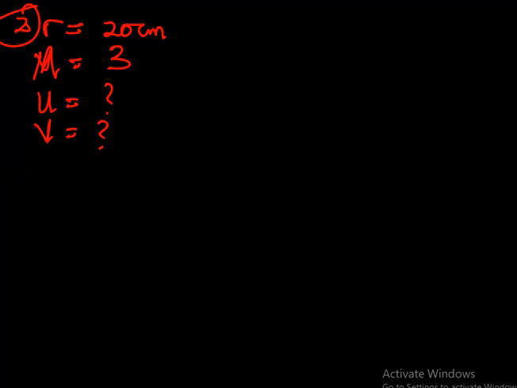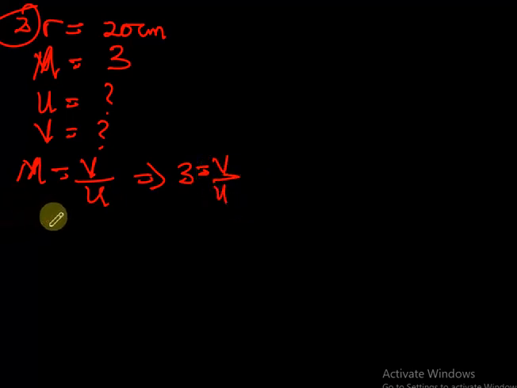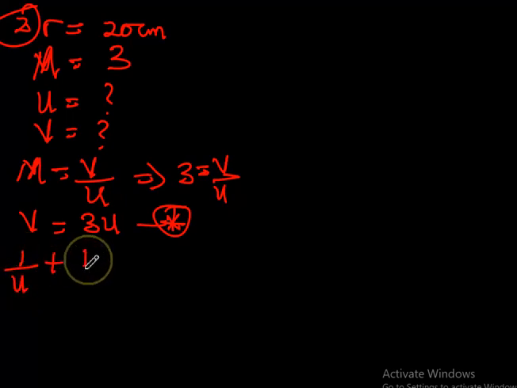Alright, so one thing that we need here is the magnification. You must recall that magnification is V over U. You have been given magnification to be 3, so you have 3 equals V over U, which implies that V will be, if you cross multiply, 3U. Keep this. So recall that your mirror's formula is 1 over U plus 1 over V equals 1 over F. But if you look at this question, F is not given, but rather R is given, the radius of curvature.